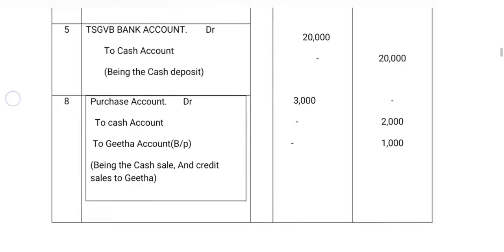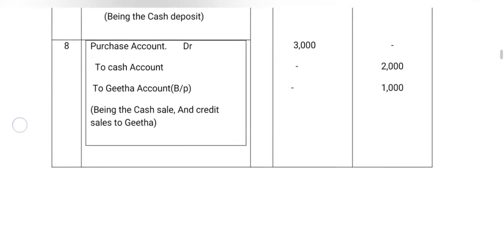Here the bank is the receiver; according to the personal account rule, the receiver is debit, the giver is credit. So the bank account is debit. According to the real account rule, what goes out is credit. Cash is going out of the business, that's why the cash account is credit.